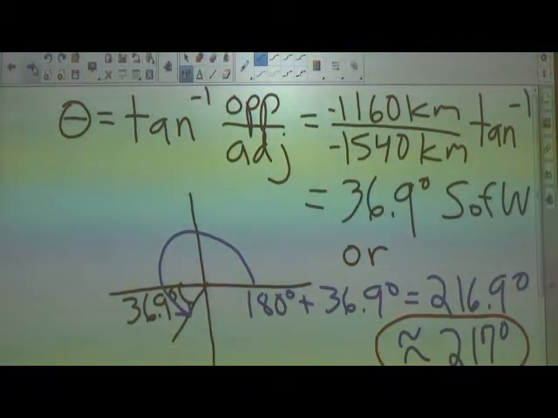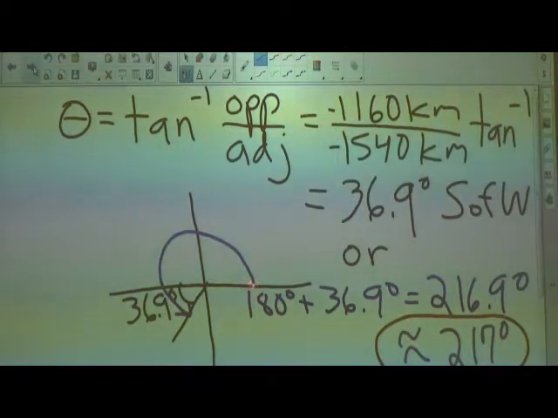But I told you, I like going all the way from the positive x-axis, which is 0. We could come all the way around and to this line, which is at 36.9 degrees south of west.